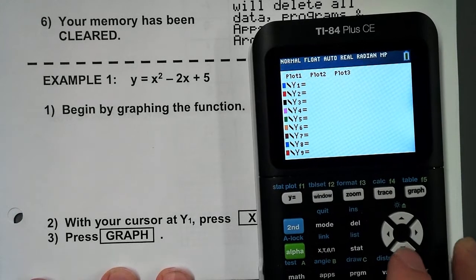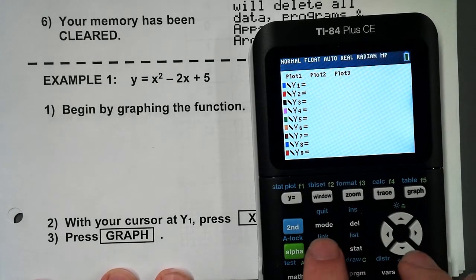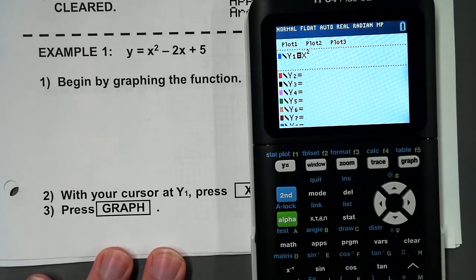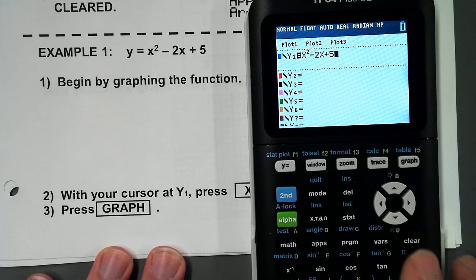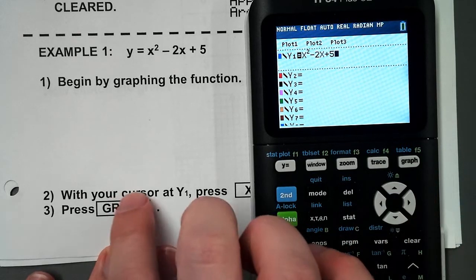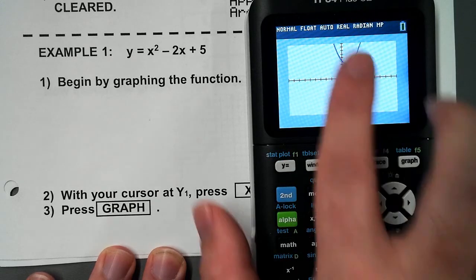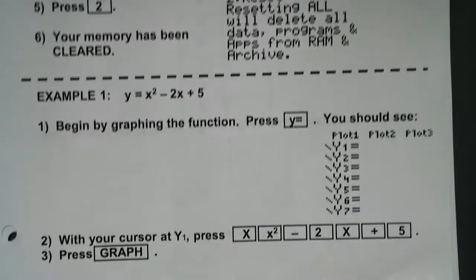But I'm sure by now you should know this is the X button. You go x squared minus 2x plus 5. And once you have it typed in like there, you're going to press graph, and we can check out our graph. So it's going to be a parabola, opens up, looks kind of like this. Next page.